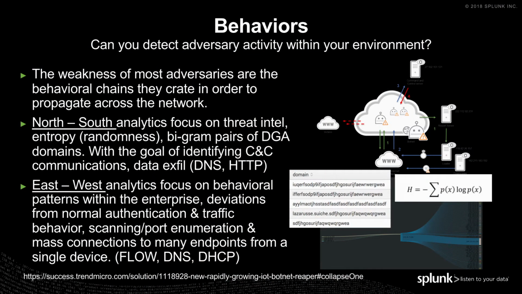East-west analytics, on the other hand, is going to be behavioral patterns. I'm building baselines for my user community or for my enterprise of the different entities or assets that exist to understand when somebody is doing something that's outside their normal behavior. So some of the logs you might look at are the flow logs, DHCP logs, DNS logs. Right? You can infer a lot of different protocols just based on the destination port and what types of traffic is going on when you're looking at the flow log.